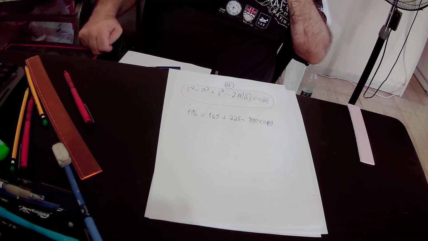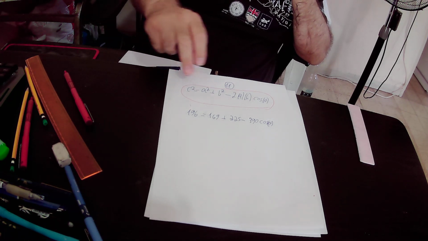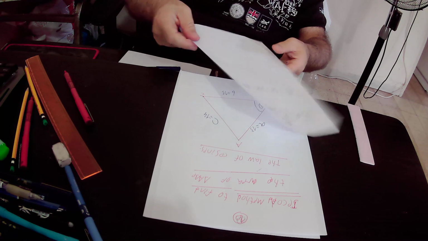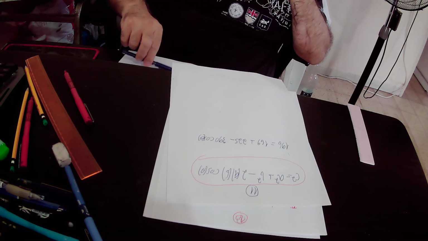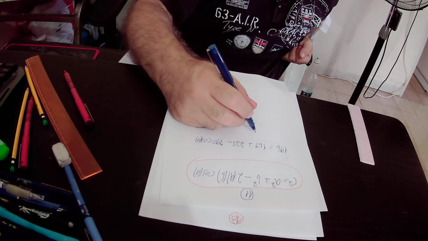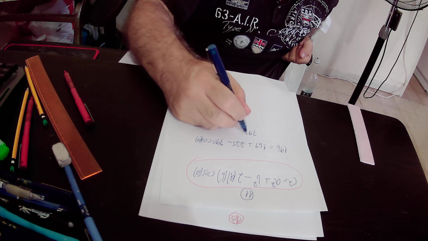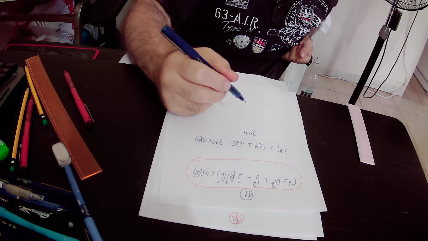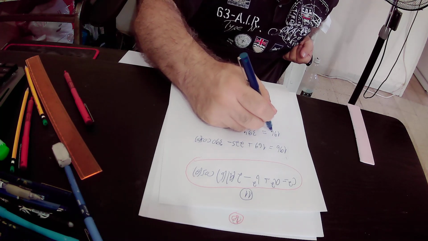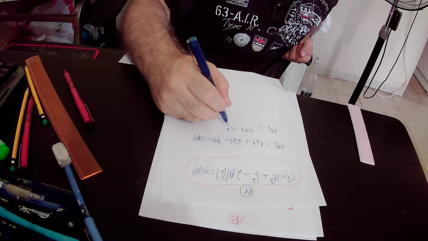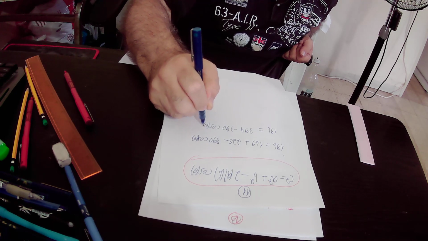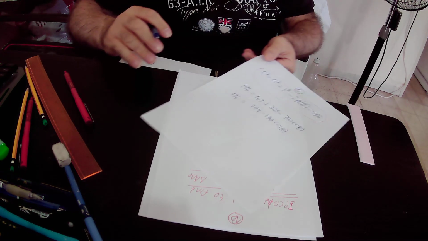Okay, so here we will add 169 to 225. We will get 394 equals 196 minus 390 cosine theta.